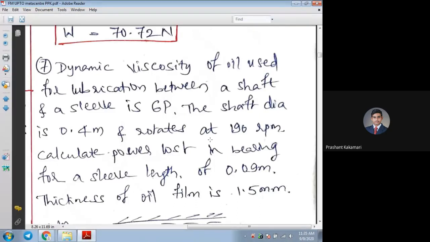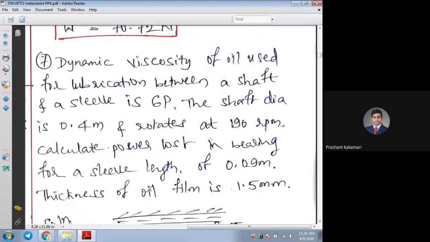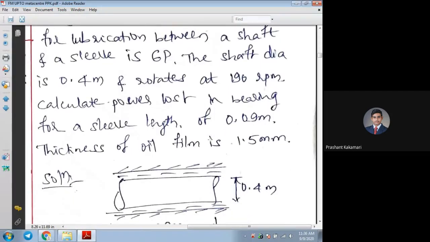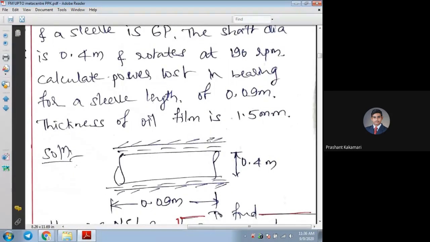The thickness of the oil film is given, which we can consider as y. The thickness of the oil film is 1.5 mm, so again convert this 1.5 mm into meters. Now analyzing this complete problem, I can sketch the figure like this. At the outside there is a hollow cylinder or sleeve, inside which a long shaft is running at a high speed, 190 RPM.